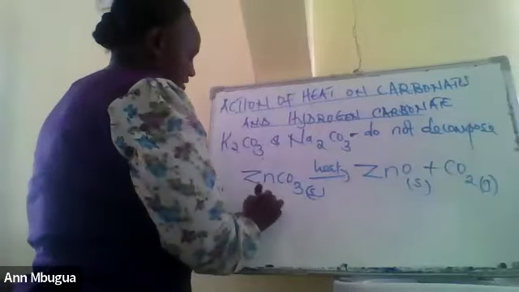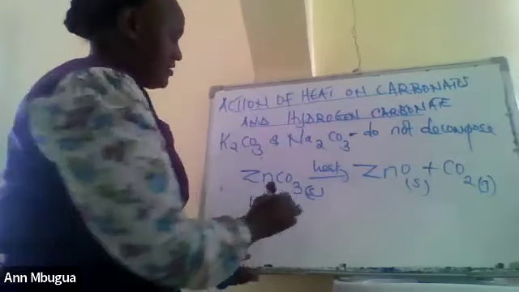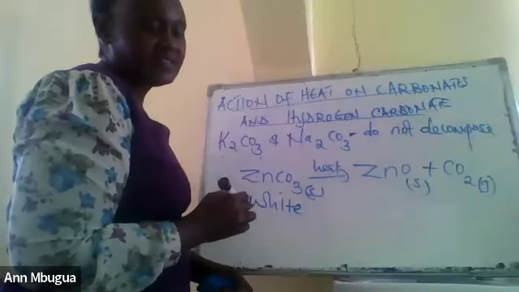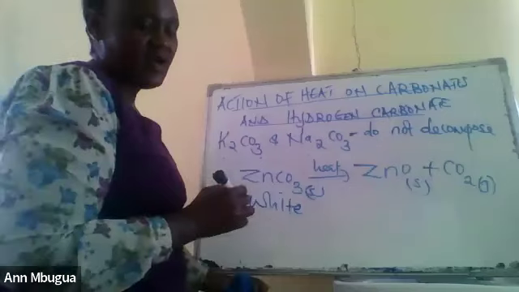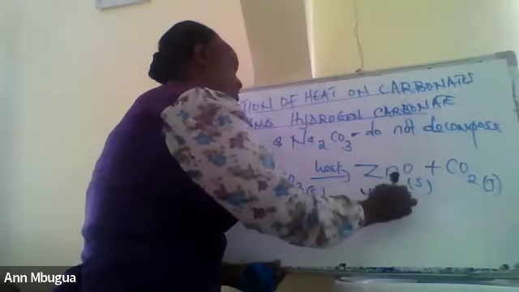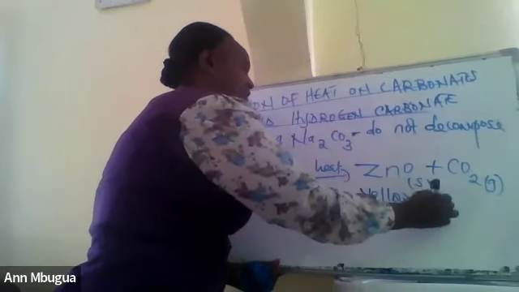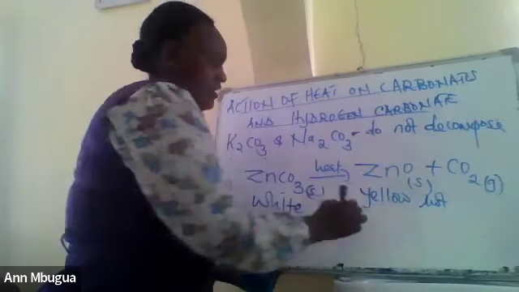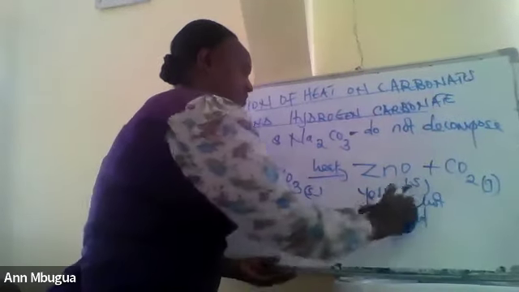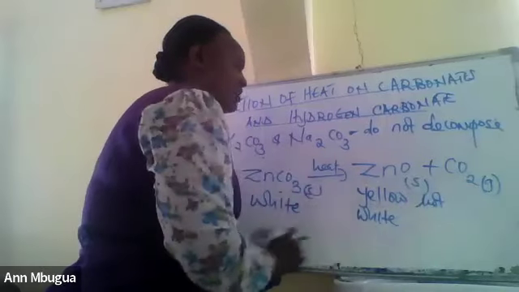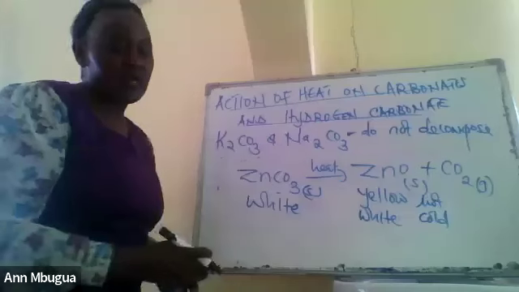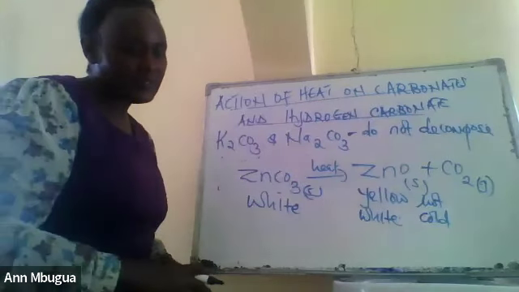The zinc carbonate is a white solid, but the zinc oxide color depends on whether hot or cold. This one forms a yellow solid when hot and a white solid when cold.